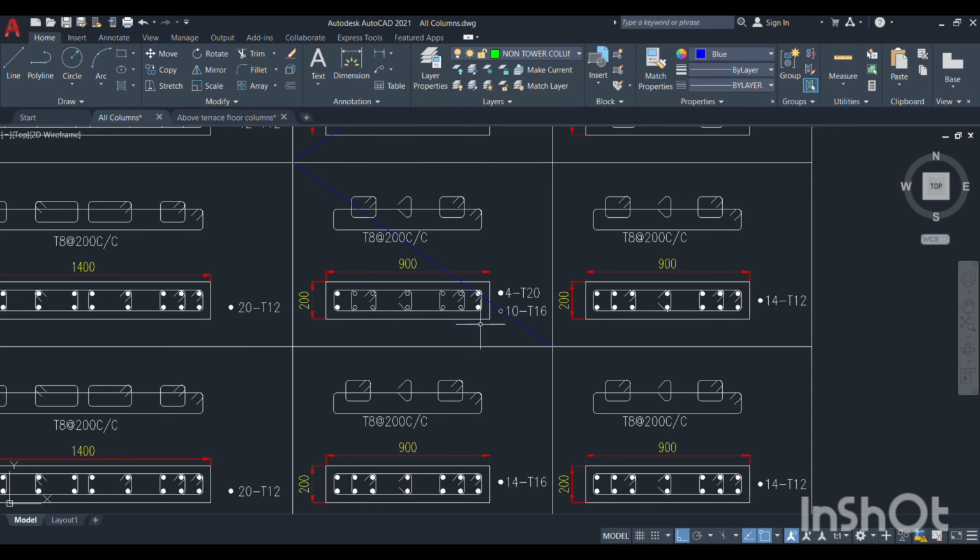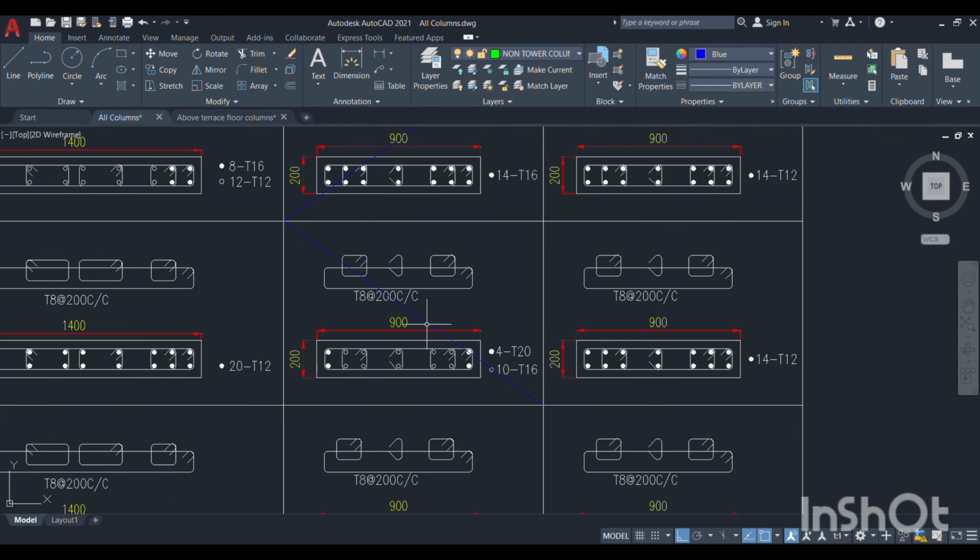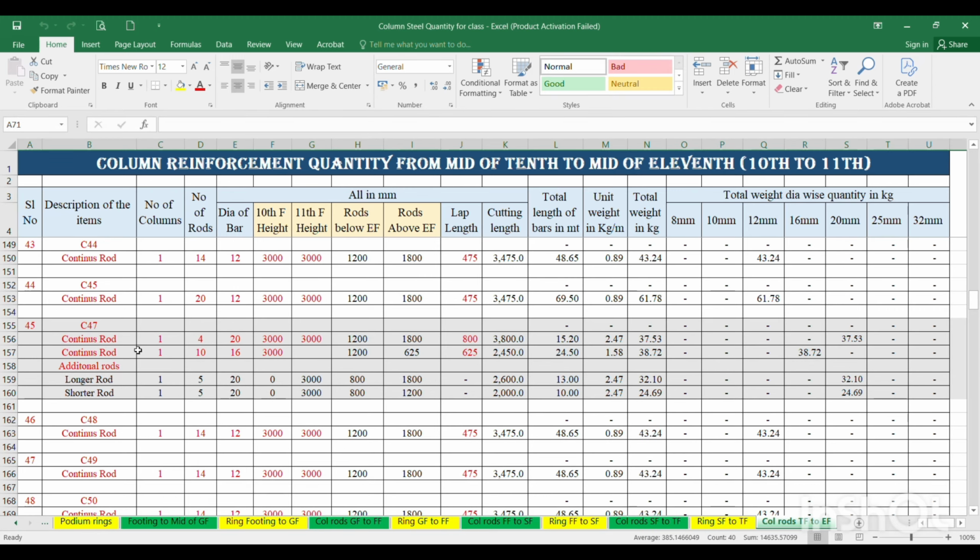You see 420 is there and 1016 is there. In this 420 you can continue as it is, and all other 16 we can change into 20 dia. You see only that 420 dia rod is going continuous, and all other 16 dia rods are terminating at that location. All 20 dia rods are adding.